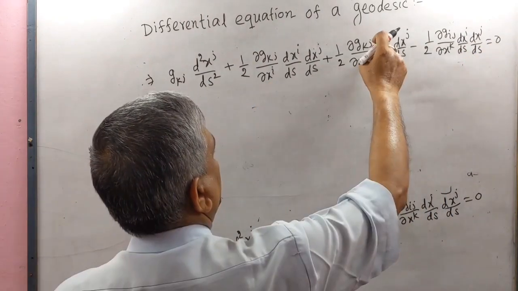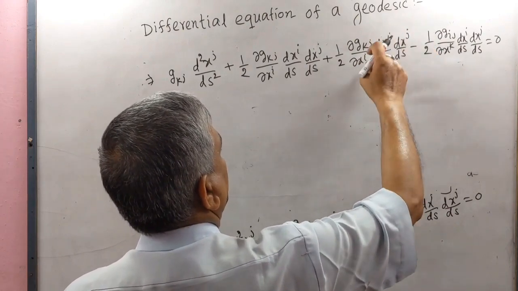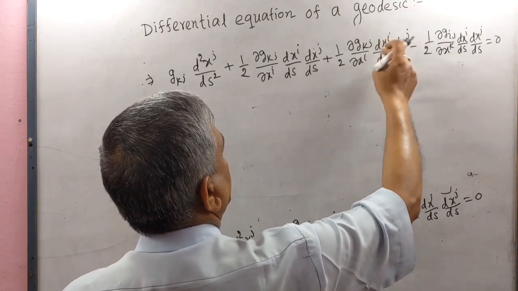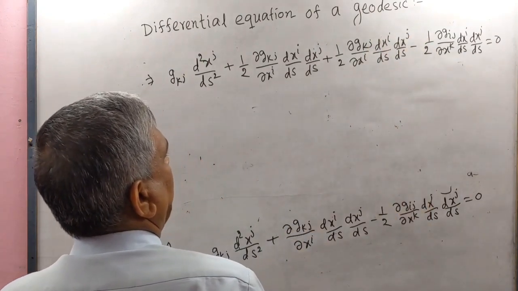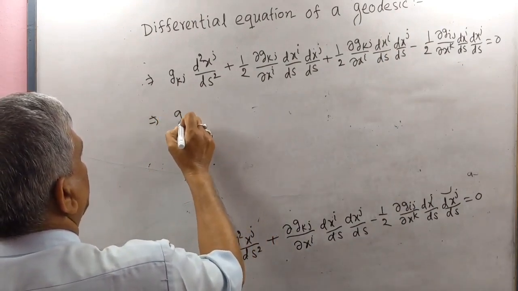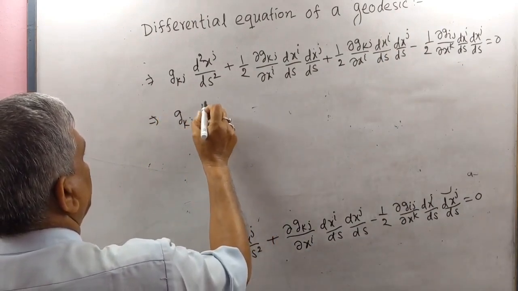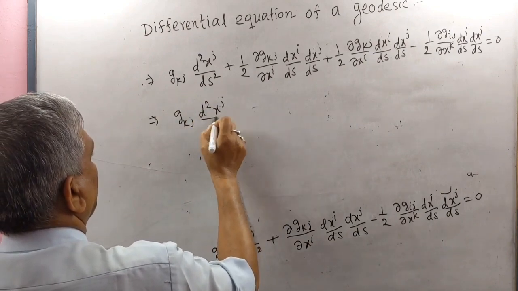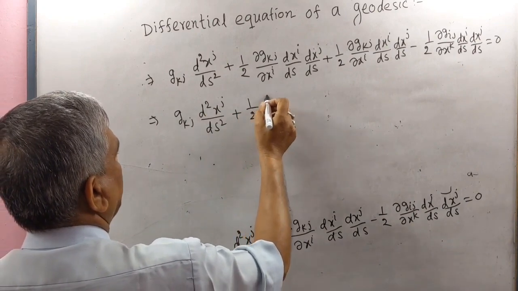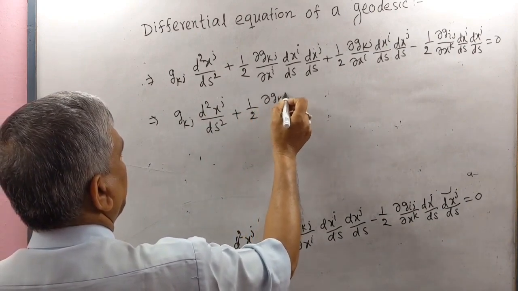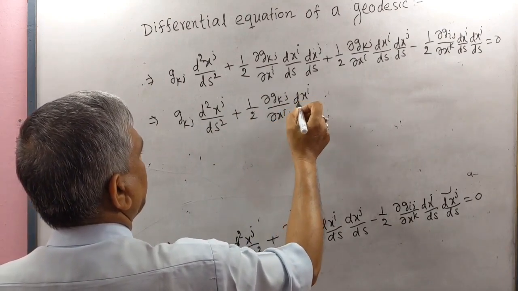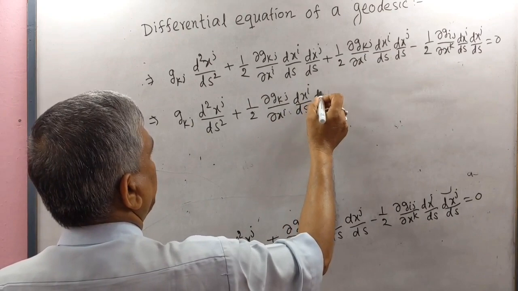Here j is also a dummy suffix, i is also a dummy suffix. We interchange this dummy suffix i and j. We get gkj d2xj by ds square plus half del gkj by del xi dxi by ds dxj by ds.